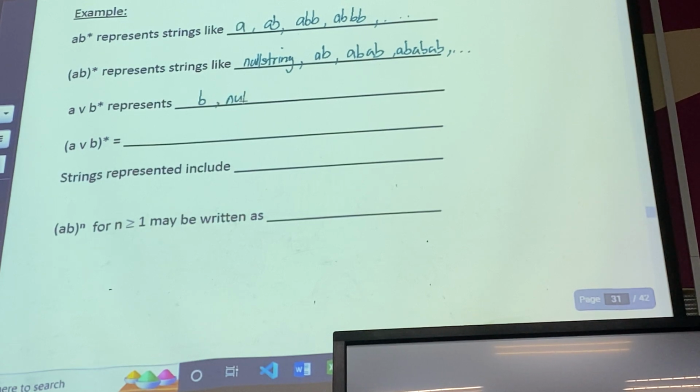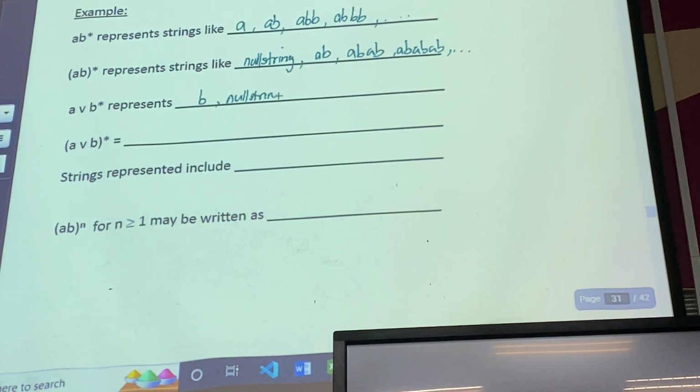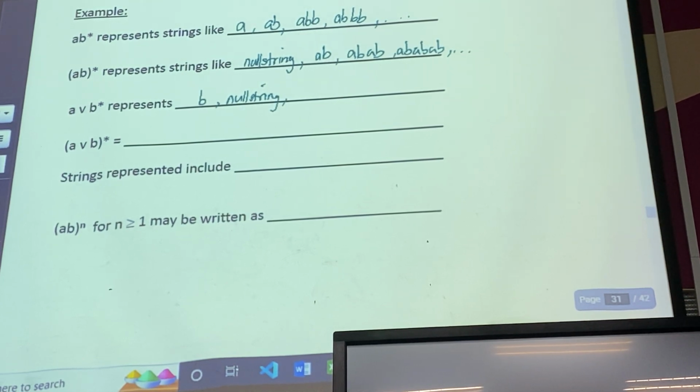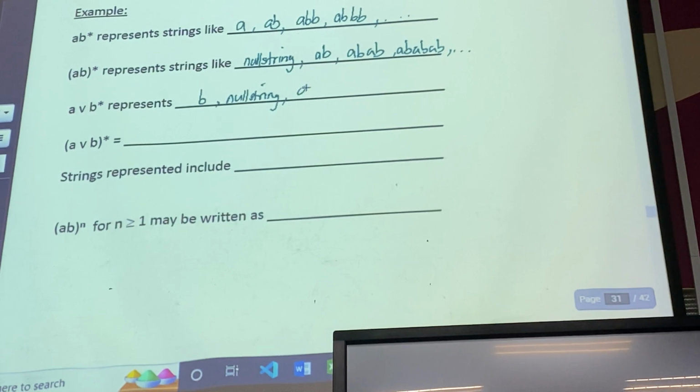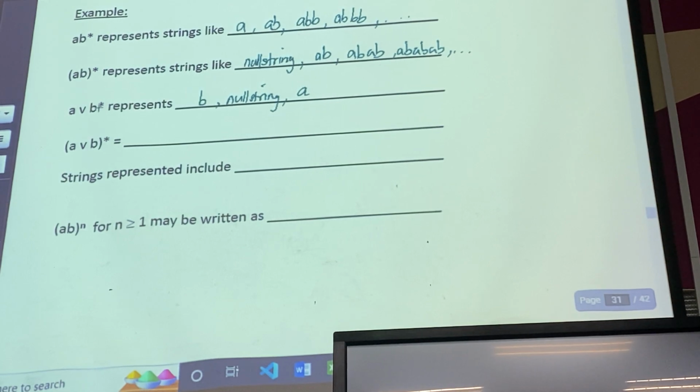So null string, or one A. Because this is an or, meaning that you can have either A or B. So if you have A, you don't have B. If you don't have A, you can have no B also, because the B is a string. So if you don't have A, the B can be asterisk 0. So that's why you get a null string.